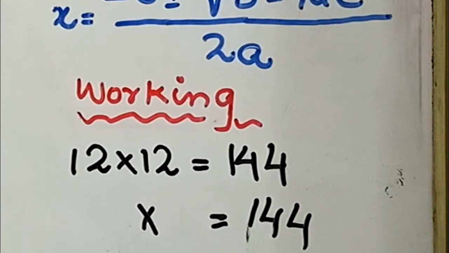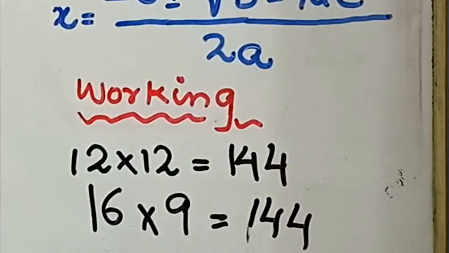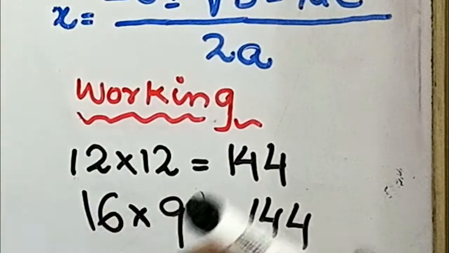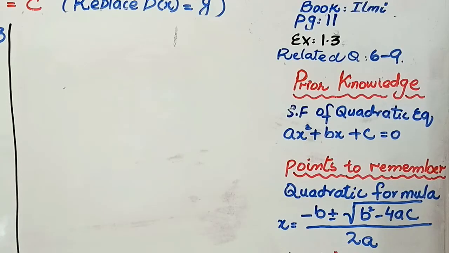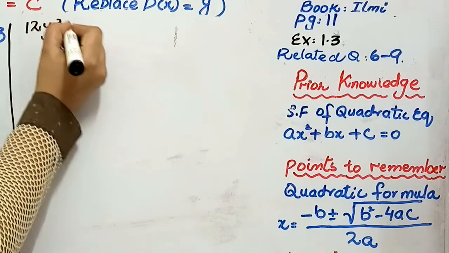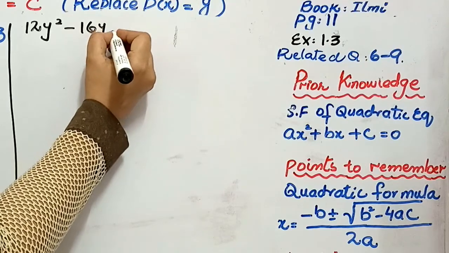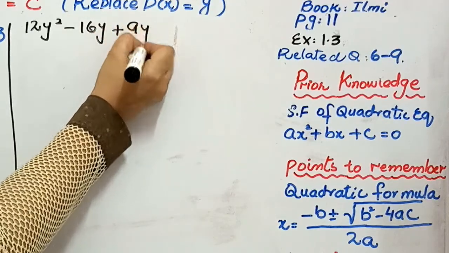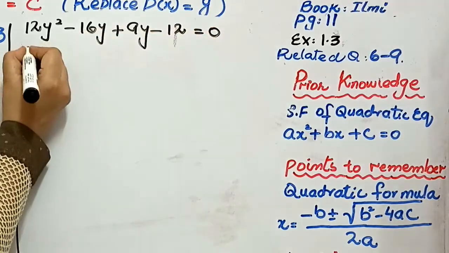So those digits are 16 multiplied by 9, that is 144, and when we subtract we get minus 7. I am using the middle term break. 12 y square minus 16y plus 9y minus 12 is equal to 0.